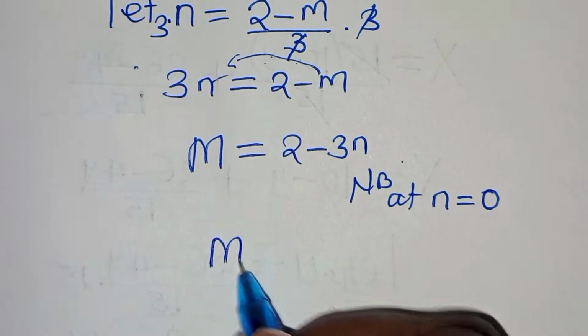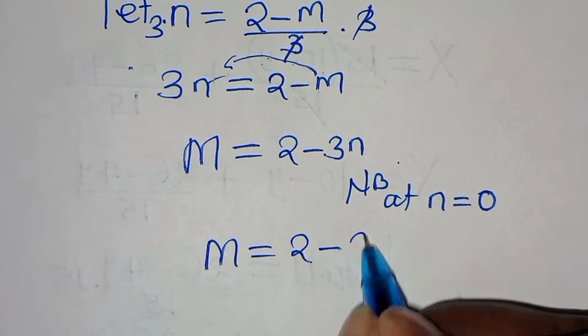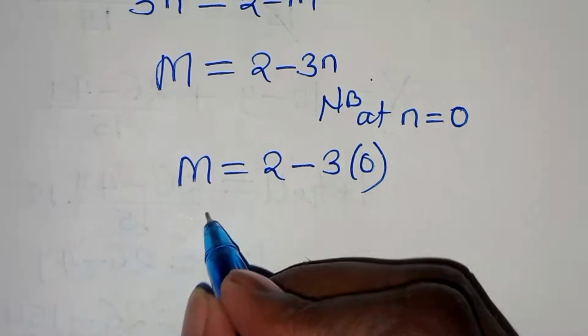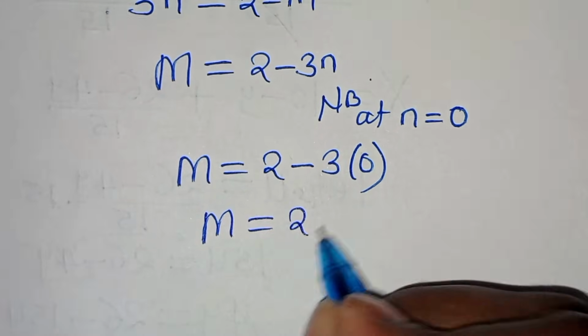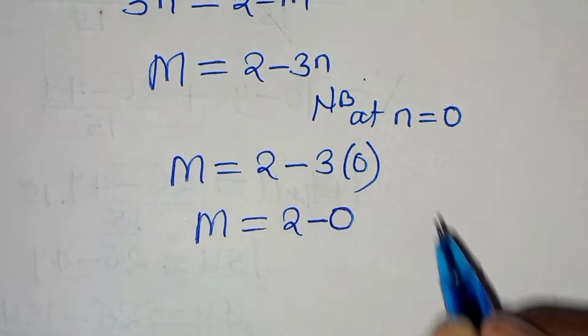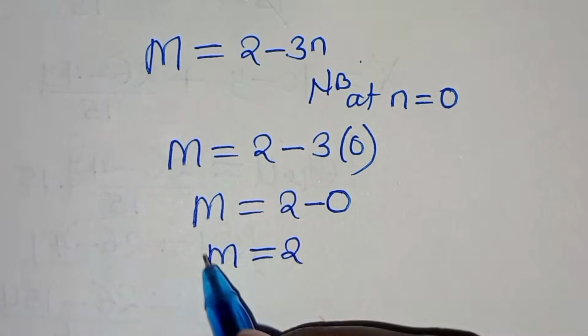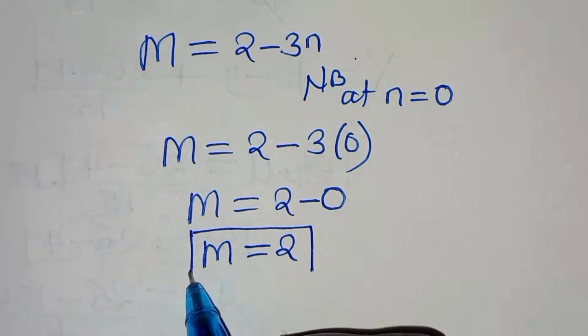We have that m will be equal to 2 minus 3 multiplied by 0, which is 0. So we have that m is equal to 2.